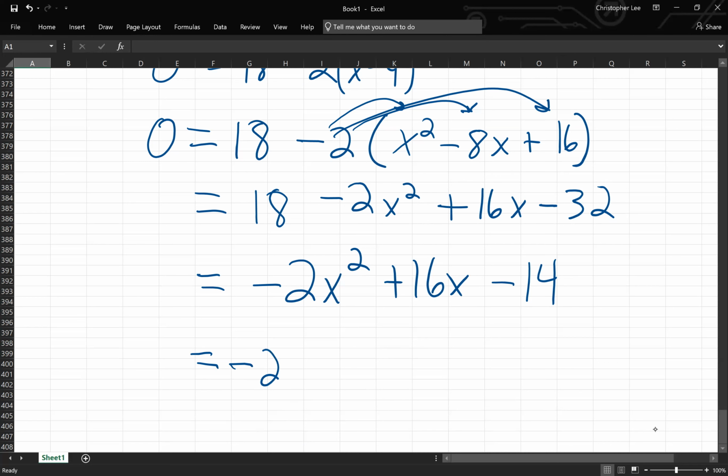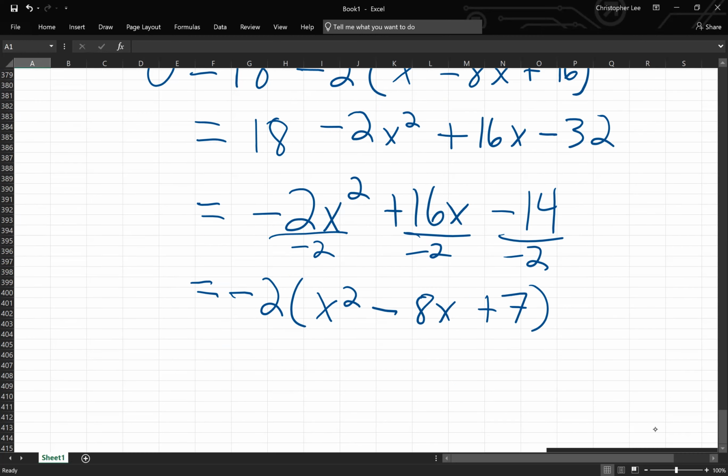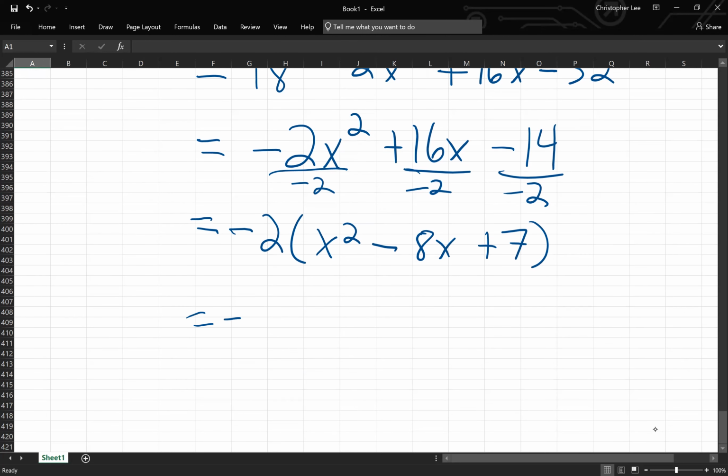Now we're talking. So now what am I left with? Remember, you're dividing by minus 2 each time. So I should have x squared minus 8x plus 7. Factor this out, I have minus 2 times x minus 7, x minus 1.